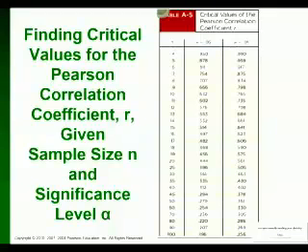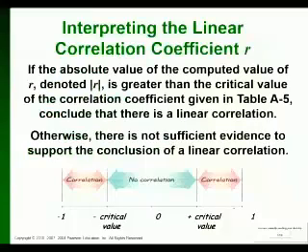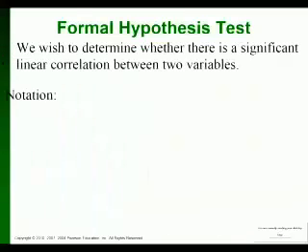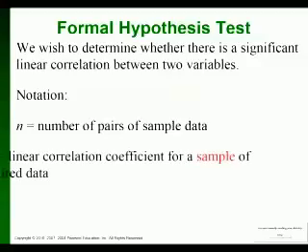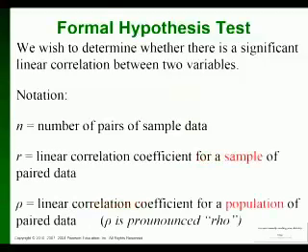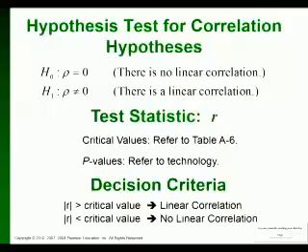So I understand how to use that table. I understand that if R ends up between those two, the positive and negative critical values, there is no linear correlation. If it ends up outside, then there is a linear correlation. So I think we're not going to set up all the steps for a formal hypothesis test.